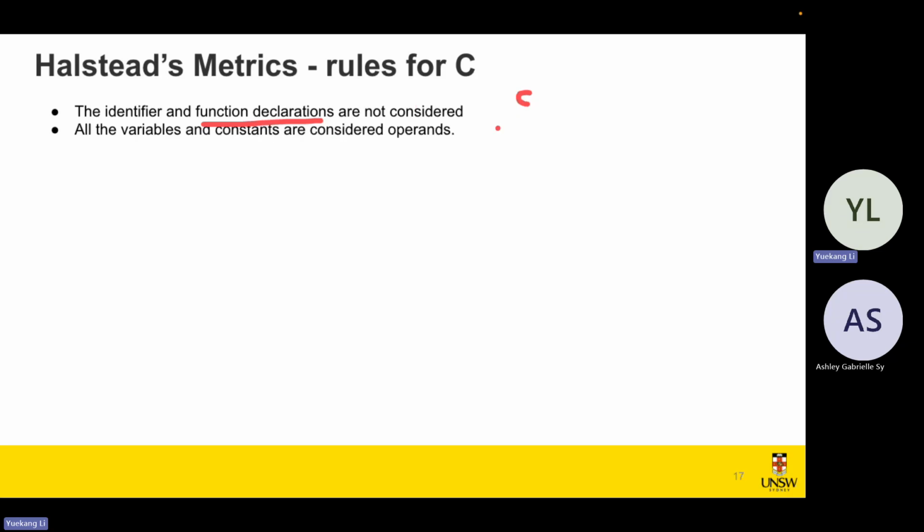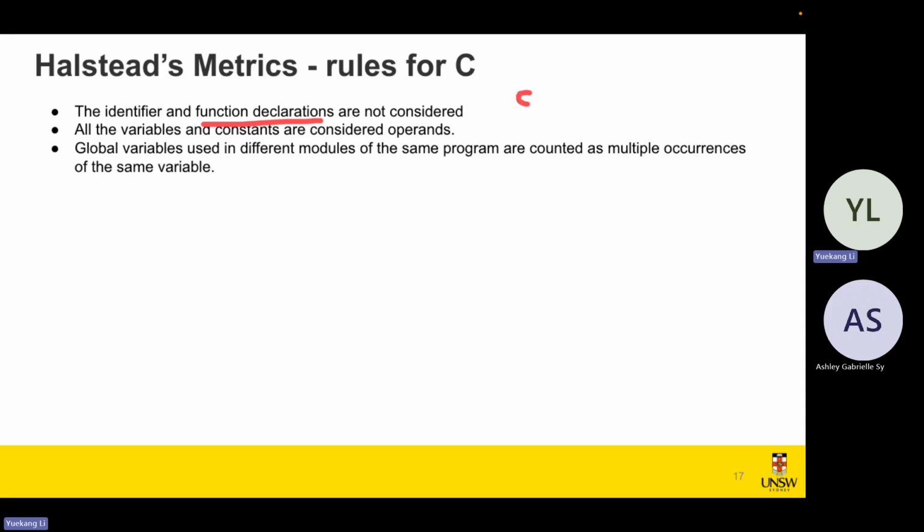All the variables and constants are considered as operands. We also need to calculate the occurrences of different variables, right? If a global variable is used in multiple places, it is considered just one occurrence, because there's only one variable in the program if we make it a global variable.